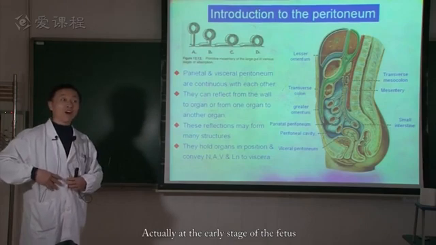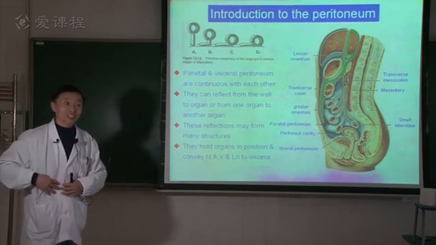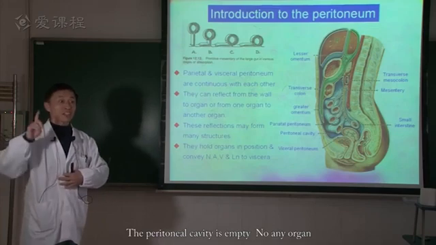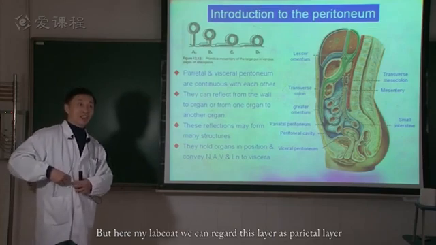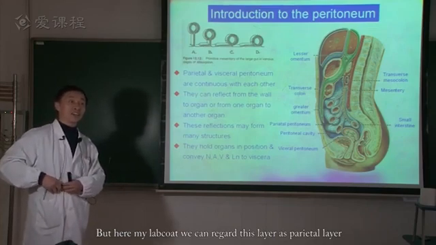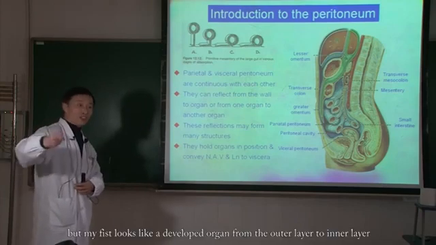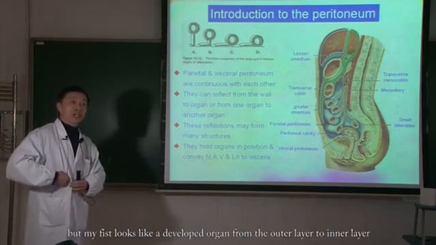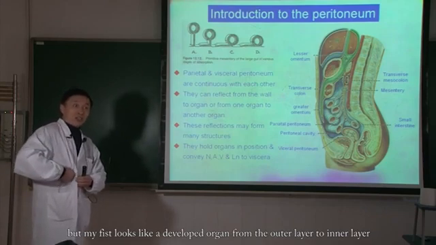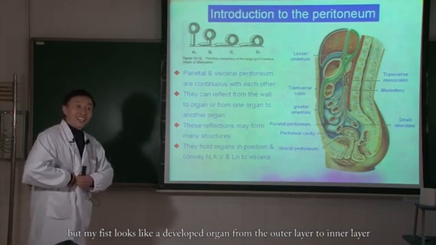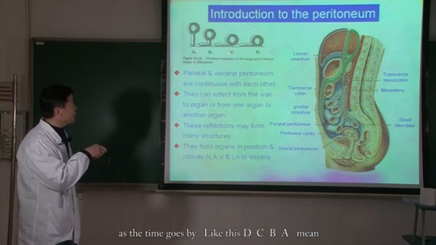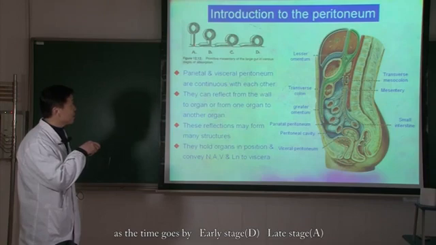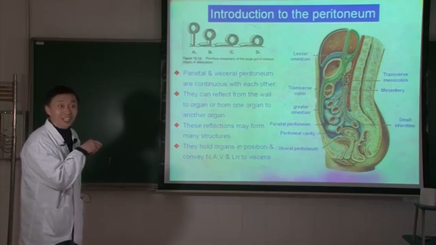Actually, at the early stage of the fetus, the peritoneal cavity is empty, without any organ. Here, with my lab coat, we can regard this layer as the parietal layer. My fist looks like the spread of the internal organ from the outer layer extending to the inner layer. As time goes by, like this, D, C, B, A, from early stage to late stage, here all is mesentery.